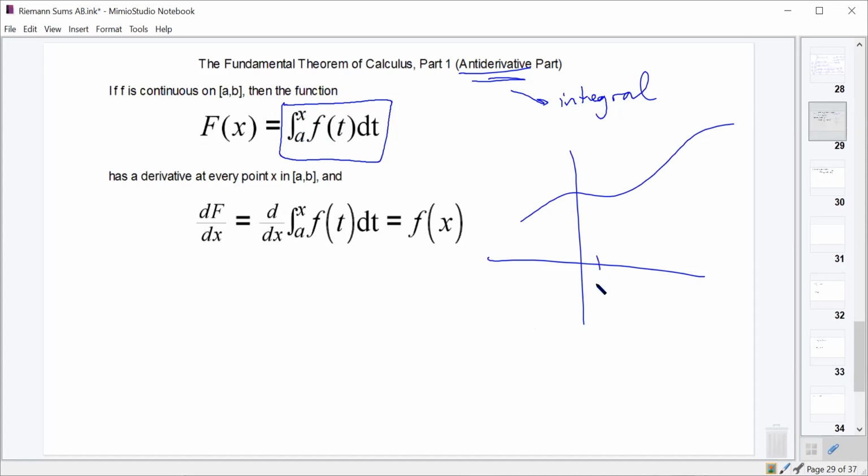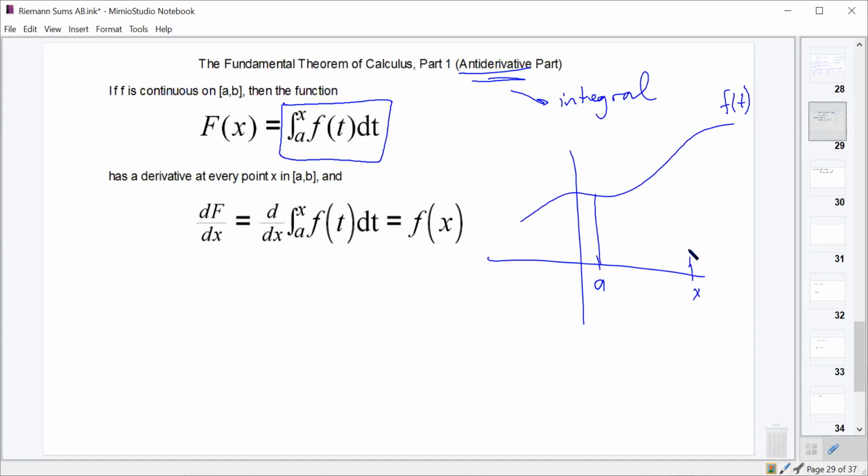And that tells me that if I want to find the area underneath this curve f of t from a, some constant, to any other x value, right?